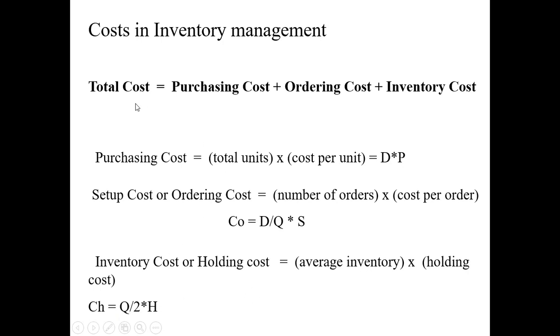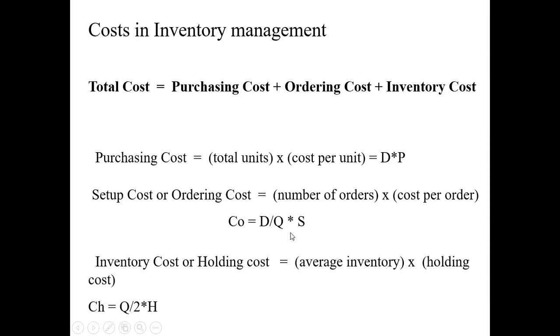So now in order to get the total cost, we want to add all these three. What is most important to remember is that there are three types of cost here. The purchasing cost is always fixed, whereas for CO and CH, if you go for a large number of orders, definitely we have to pay more on the ordering cost.